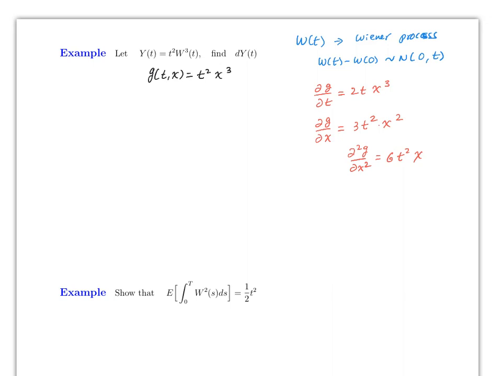Then if we plug it into the formula, dY_t is going to be the partial of g with respect to t, which is this.